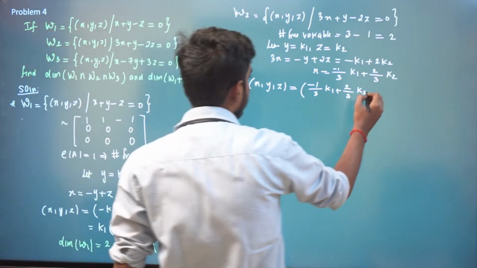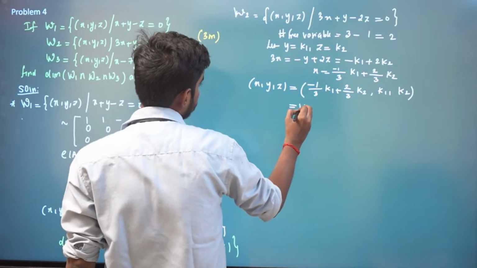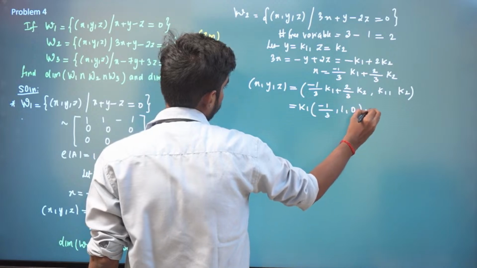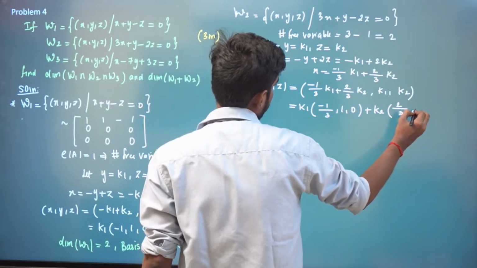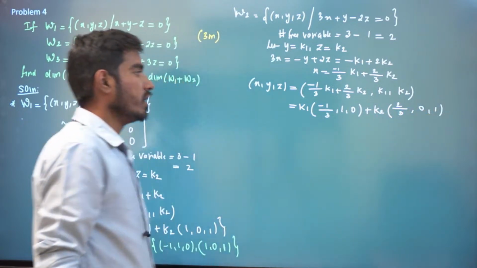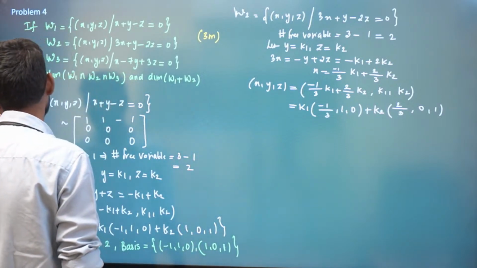Yes. And then we have k1, k2. So that means k1 times minus 1 by 3, 1, 0 plus k2 times 2 by 3, 0, 1. So again you can see the basis has two elements and the dimension of W2 is 2.